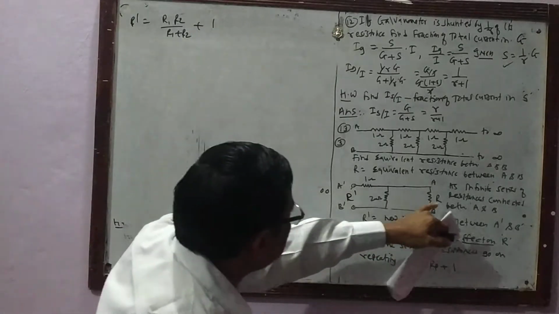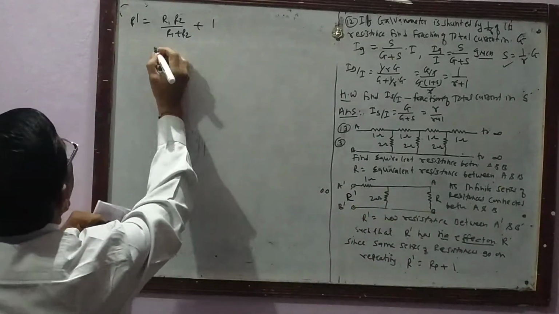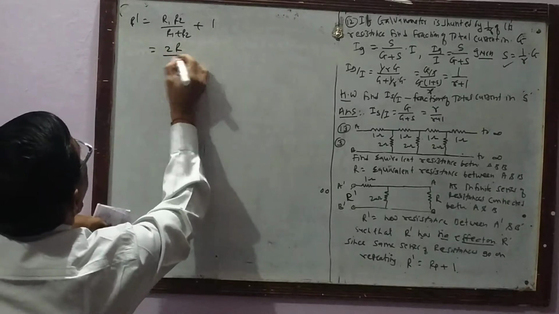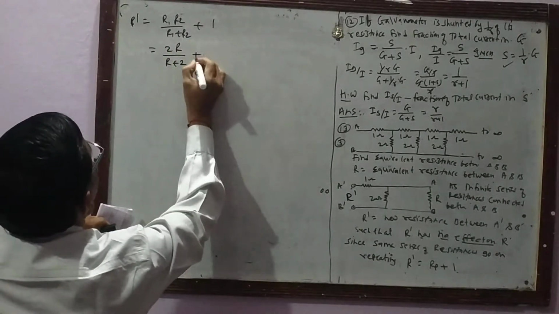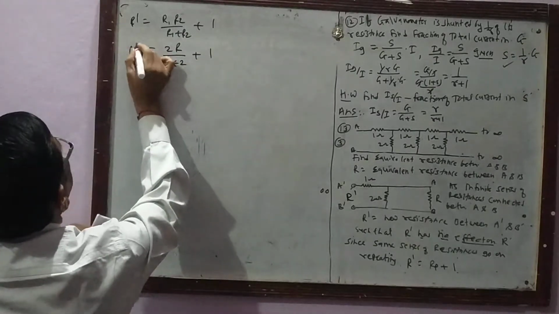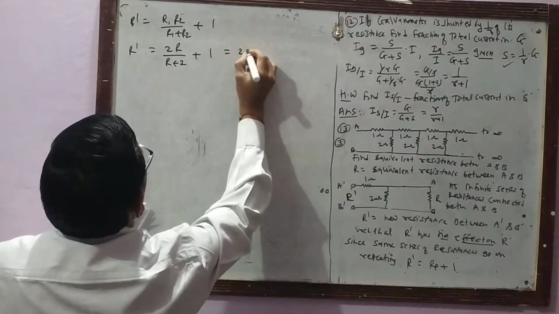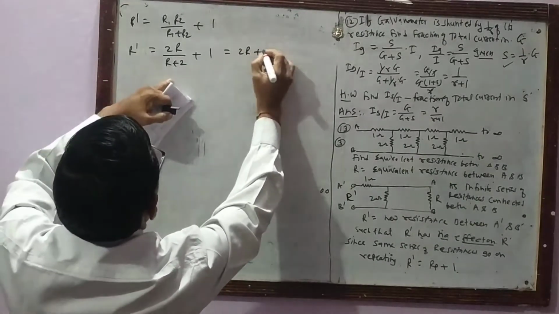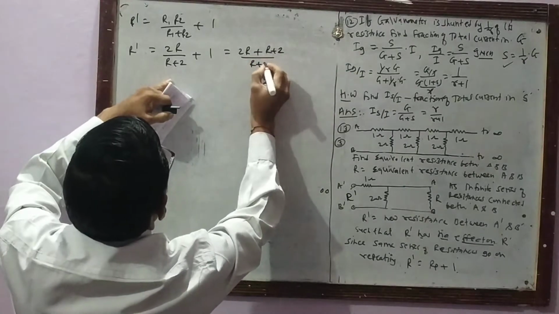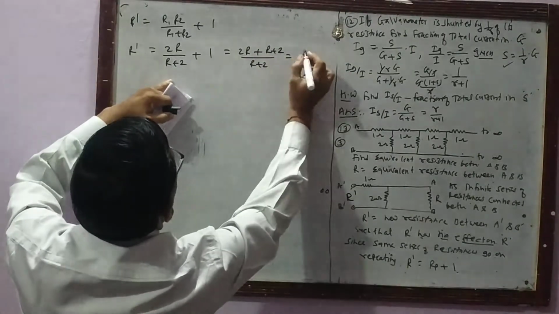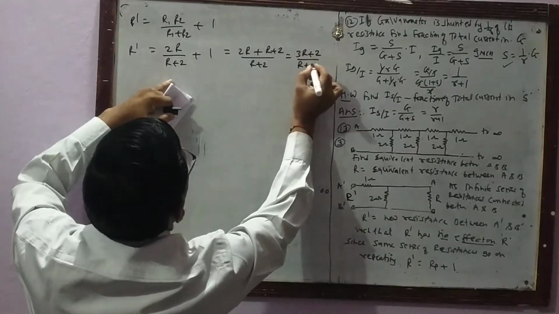But here R1 is R and R2 is 2, and therefore R dash is equal to 2R upon R plus 2, plus 1. On cross multiplication, it is 2R plus R plus 2 upon R plus 2, that is 3R plus 2 upon R plus 2.